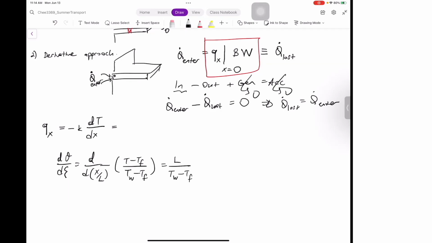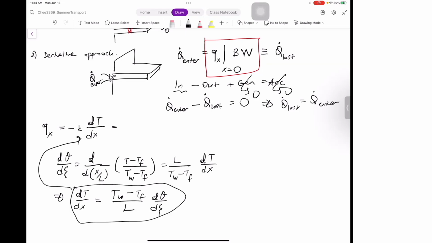From here, dT over dx is equal to Tw minus Tf over L times d theta over d psi. So you plug this in, and you find that it's minus k, Tw minus Tf divided by L, times d theta over d psi.